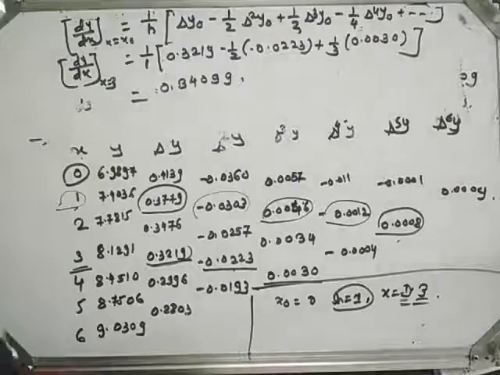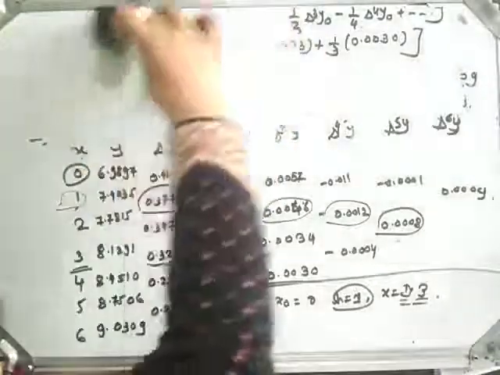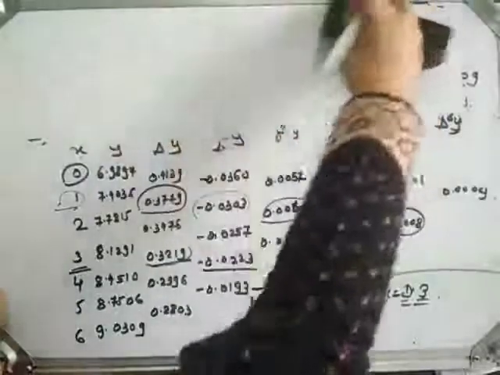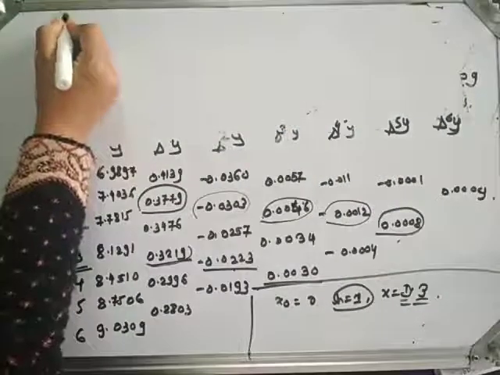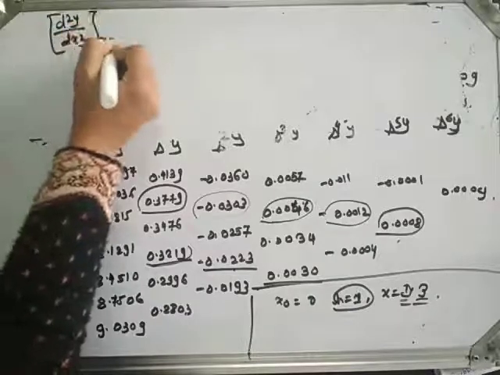Now in the problem you have been asked to calculate d square y upon dx square at x equals 3. d square y upon dx square at x equals x0.